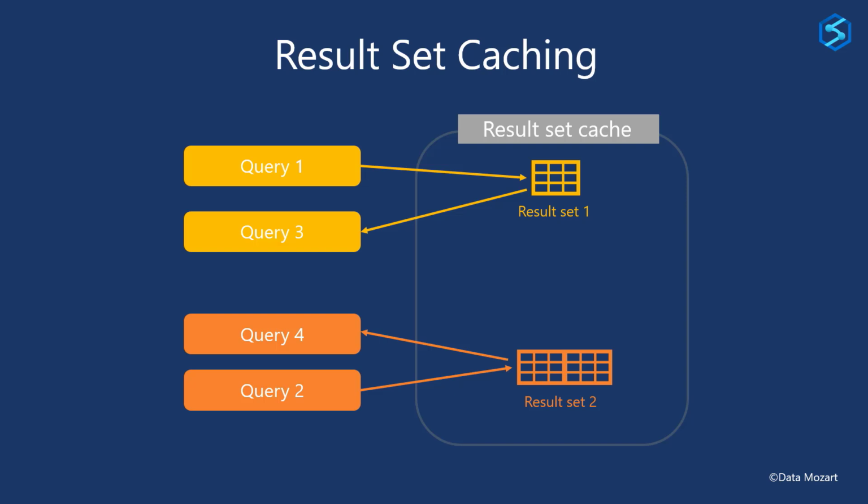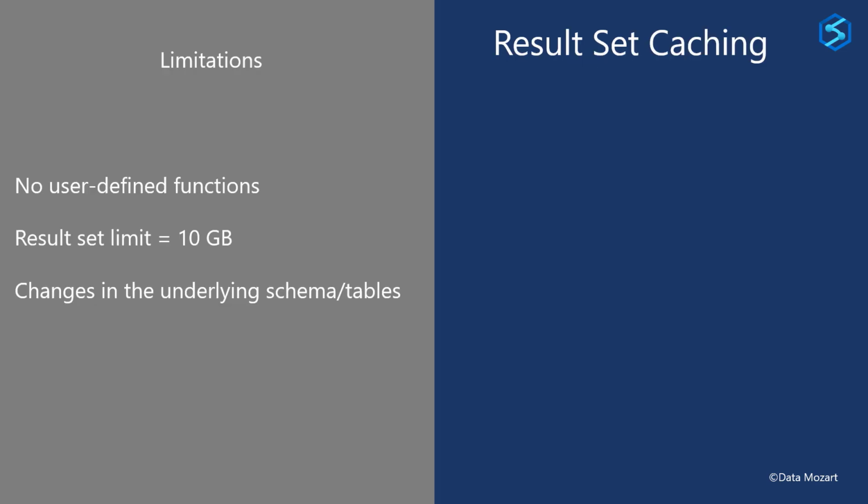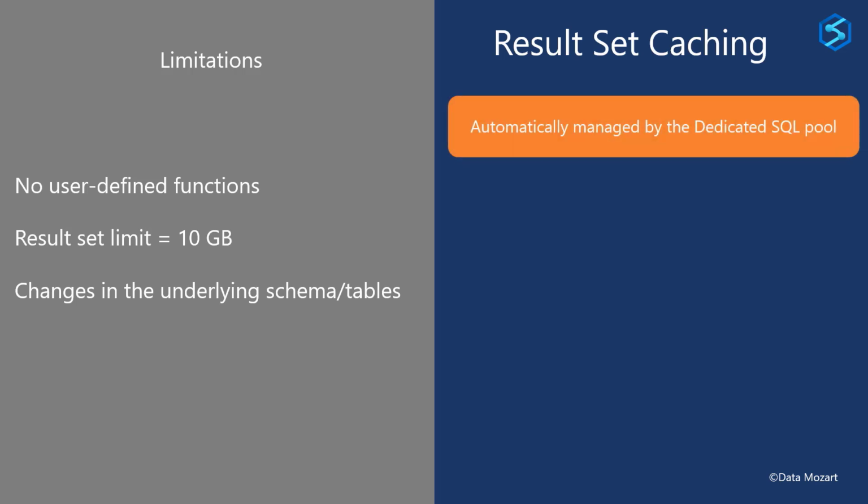There are certain limitations regarding what queries can be cached. Most noticeable, queries that use user-defined functions or queries that return more than 10 GB of data. Also, if there were changes in the underlying schemas or tables that are part of the cached result set, the subsequent query will not be served from the cache. The cache is automatically managed by a dedicated SQL pool.